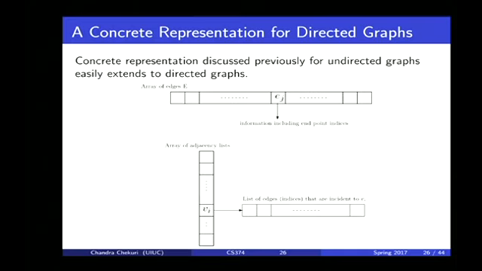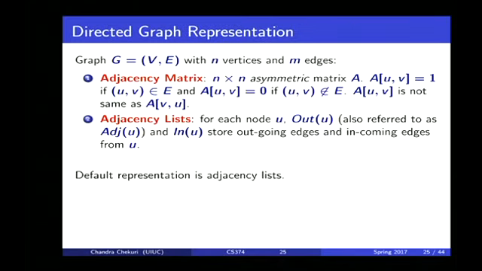Now here is an interesting question. Directed graph representation, we have to think now. What edges should we store for a vertex? Outgoing edges, incoming edges, what should we store?